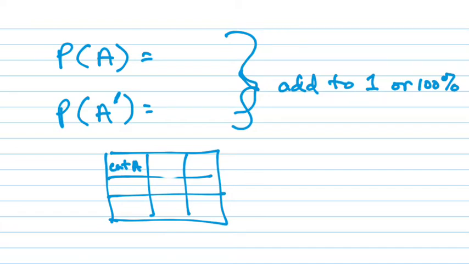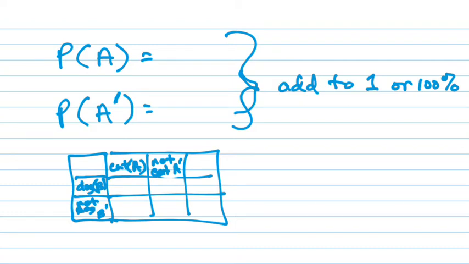So if that's cat, we could call cat A. And we could call not cat, what? A prime, as it's called. Remember, prime, the complement of A. Then, if this was dog, and we call that B, that's where you get a different letter, totally different category. Then what would not dog be? B prime. There you go.